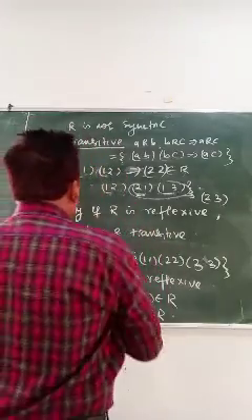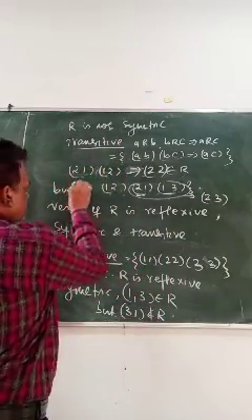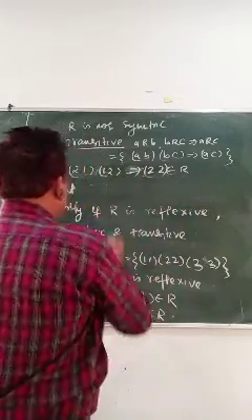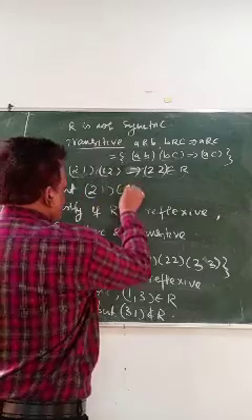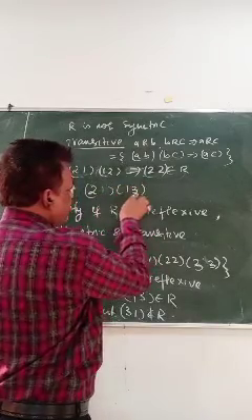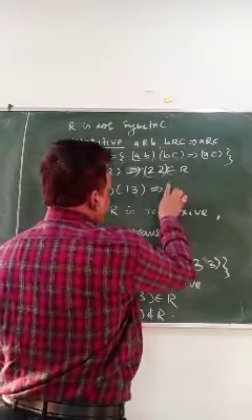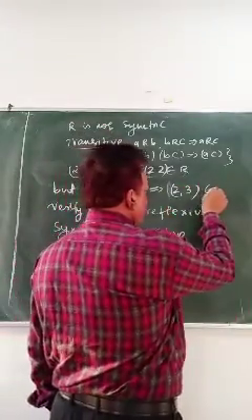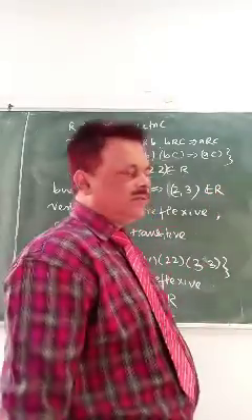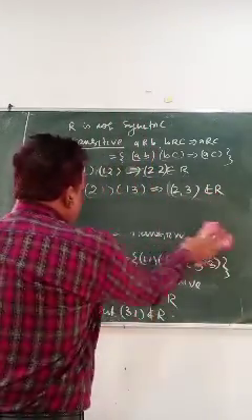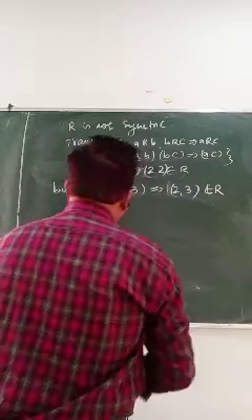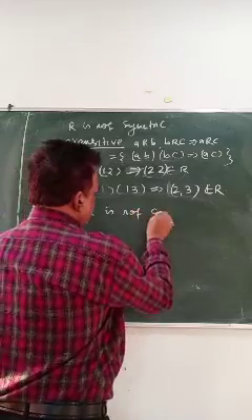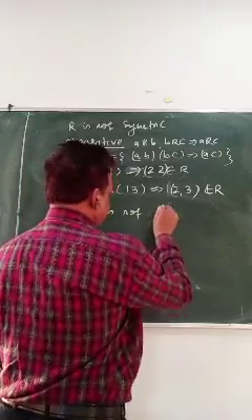So you can write (2,1), (1,3): AB, BC gives (2,3), which is not in R. Therefore, R is not transitive.